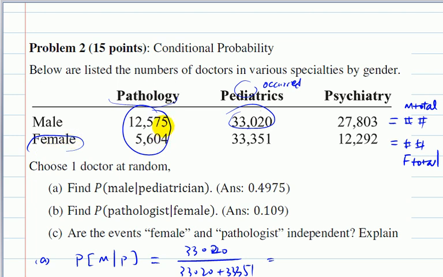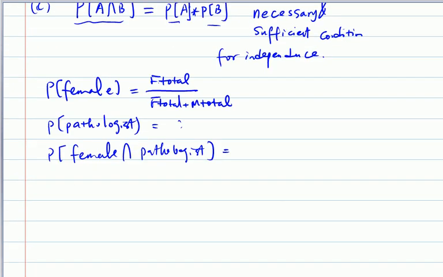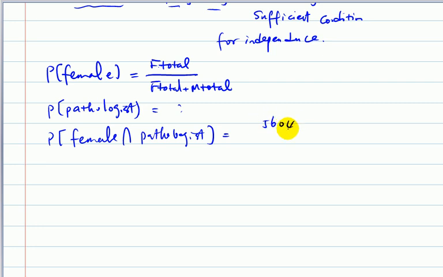It's female and pathologist, so it's this number here, 5604, divided by the total number here. Okay, so compare whether this equals that multiplied by this.